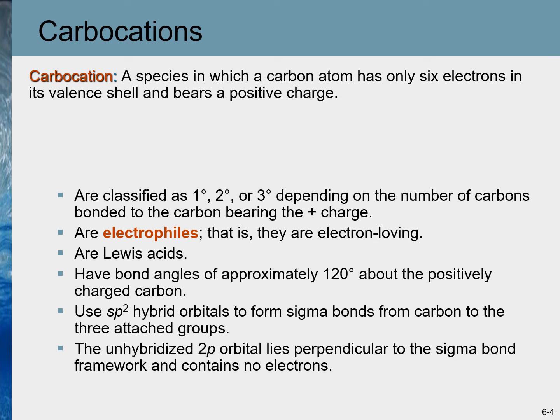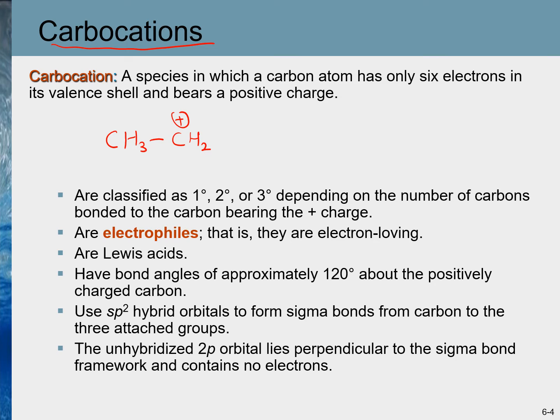As we learned in the previous slide, step 1 of the electrophilic addition reaction mechanism involves the formation of carbocations. Now, carbocations are species in which the carbon atom has only 6 electrons in its valence shell and bears a positive charge. For example, this is an example of a carbocation.